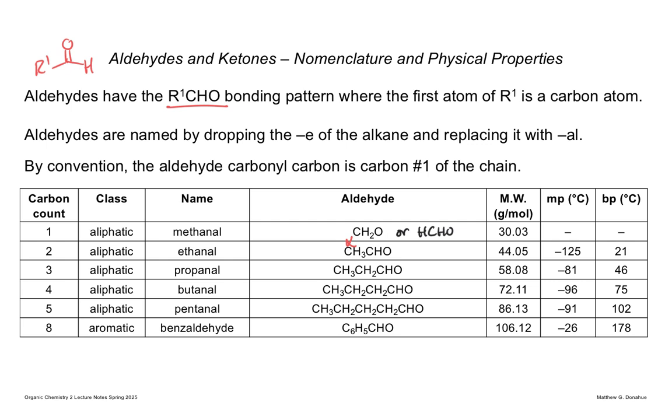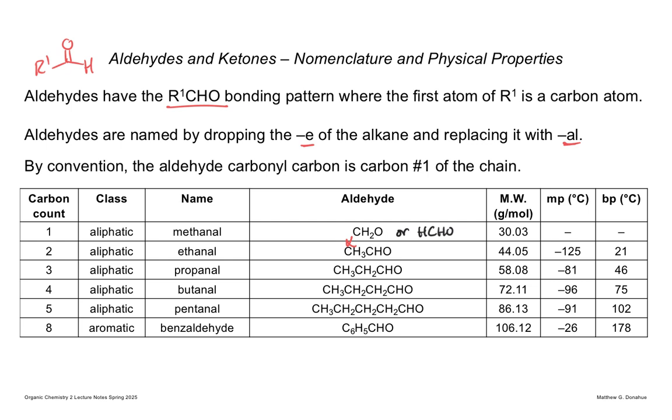They're named by taking the longest chain. You find the alkane name, drop the E, and add al. So methane becomes methanal, or you probably are more familiar with the common name formaldehyde. So a lot of these smaller molecular weight ones have common names.